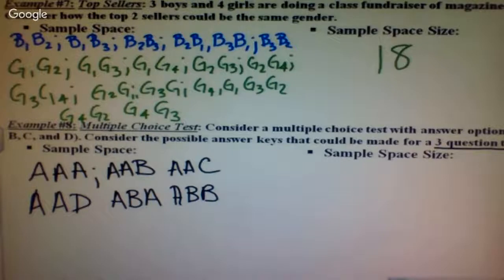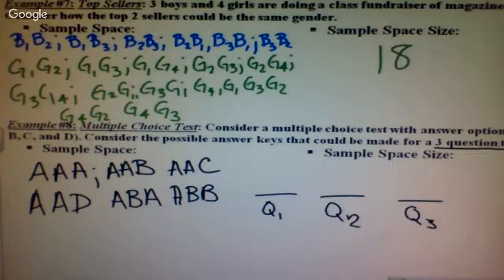Okay, I've got a 3-question test. So that means I have question 1, question 2, question 3. And I'm not kidding, if you need to write this out in the terms that I give you, it may actually be easier. So, on top, I want you to put the choices. For question 1, how many choices do I have? 4. A, B, C, D. How many choices do I have for 2? 4.